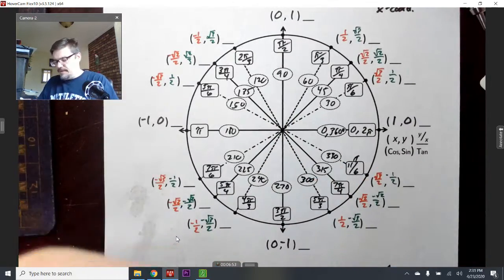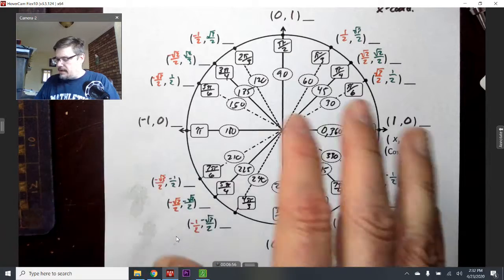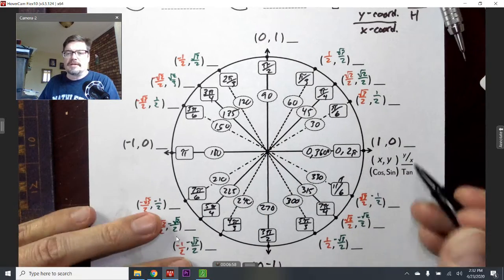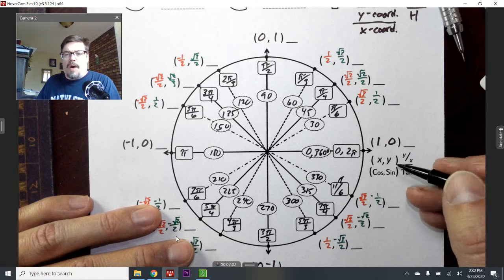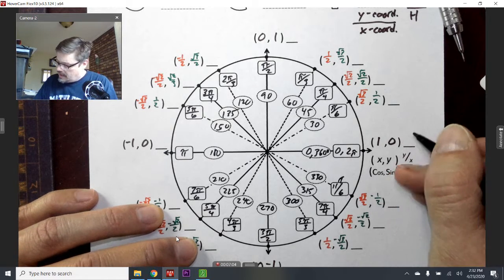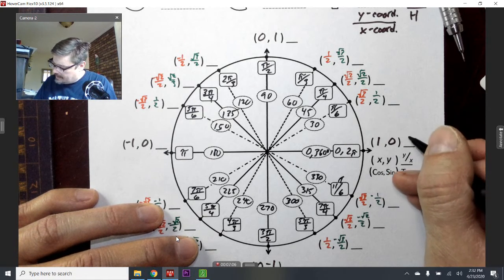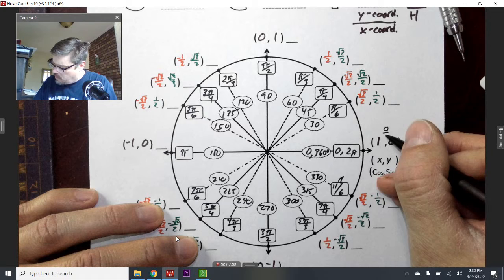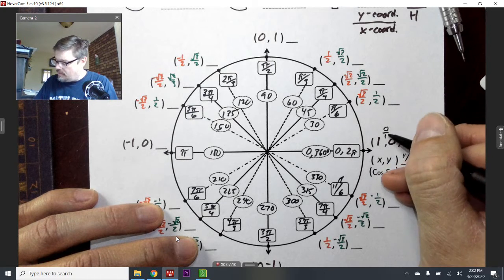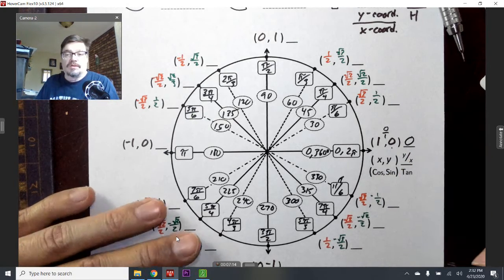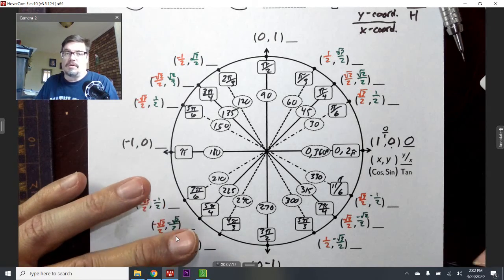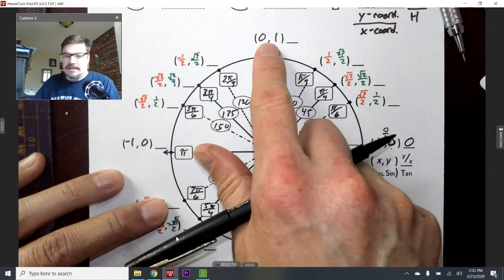Now, I'm going to do this in black again. Okay, so tangent, you can see here, y over x. The y coordinate is 0, so this is 0 over 1, sine over cosine, so that's just 0. So it looks like the tangent at 0 degrees is 0, all right? Now I'm going to do these easy ones first.